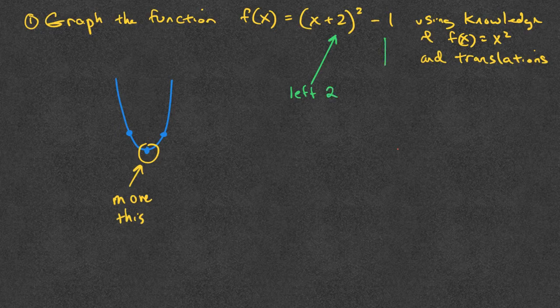And this number that's outside the parentheses is an up or down one. So here you're going to go down 1. So you're basically going to move that vertex point left 2, down 1, and that's the end of that problem.